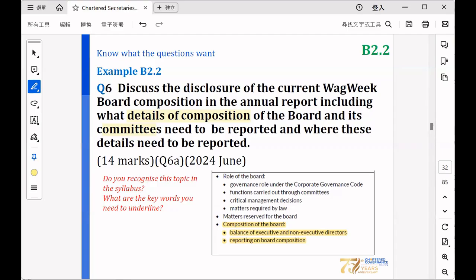So again, you can discuss this as well. Apart from the disclosure of the details of the composition, you have to point out what are the problems in the compositions of this type of company.